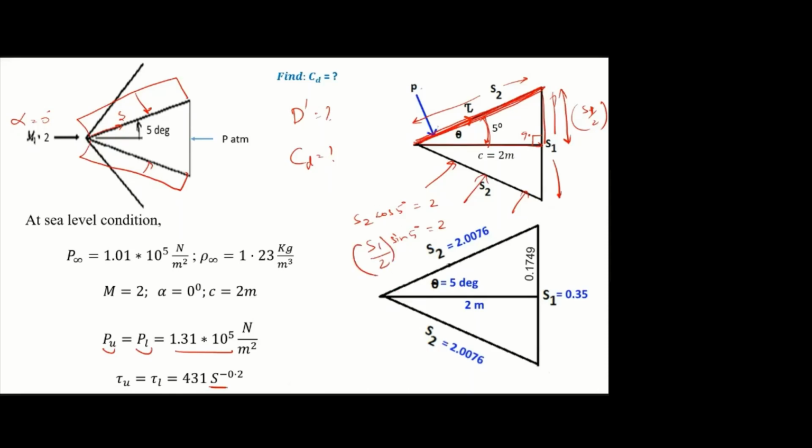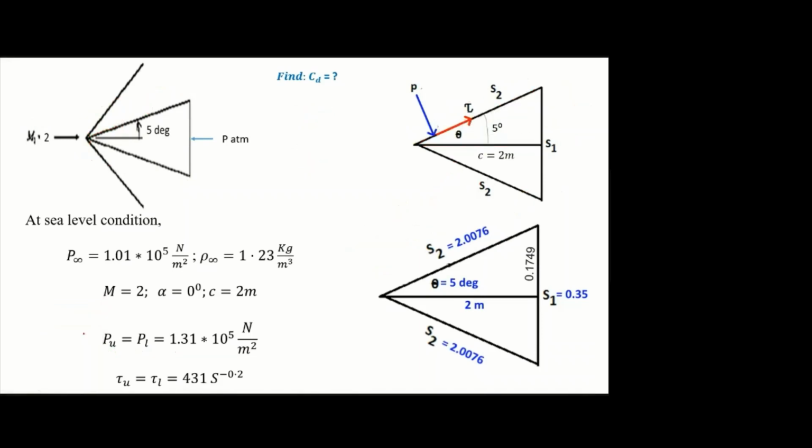So from this, if you rearrange, you can get S1 by 2 and S2, the normal trigonometry thing only. In that case, S2 is 2.0071 and S1 by 2 is 0.1749, then multiply for the complete S1 value.